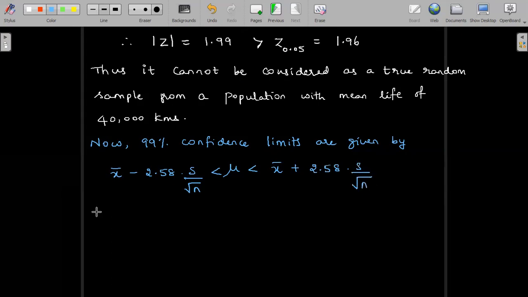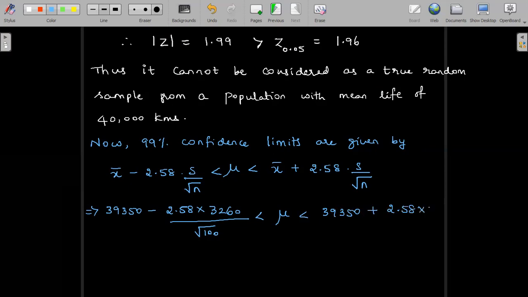So substituting all the known things, this gives us 39,350 minus 2.58 into s, where s is 3260, the standard deviation of the sample, divided by root 100, less than mu, less than 39,350 plus 2.58 into 3260 divided by root 100.